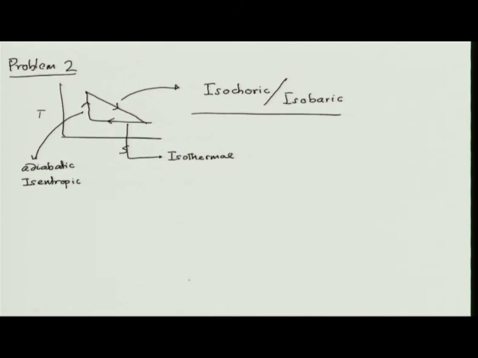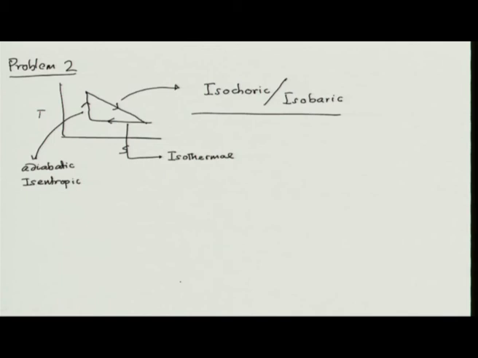Or it could be any other process, a composite process, for example, which you can figure out from the corresponding PV diagram. However, what is important here, given this cycle, calculate the efficiency of this engine. That you should be able to do from the TS diagram itself.